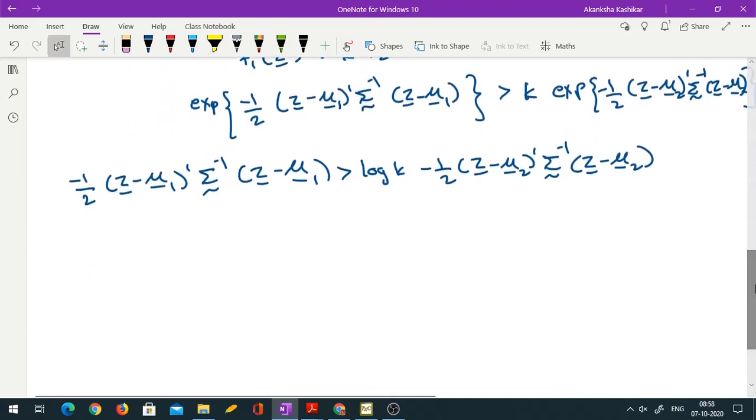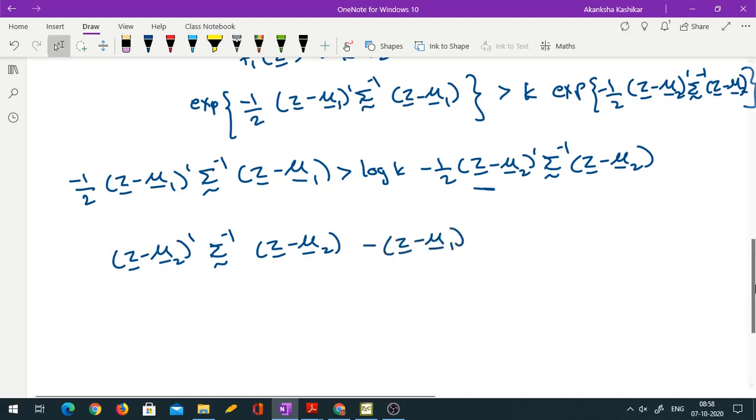Then if we shift this to the left side, I will be left with (Z minus mu2) prime sigma inverse (Z minus mu2) minus (Z minus mu1) prime sigma inverse (Z minus mu1) should be greater than half.